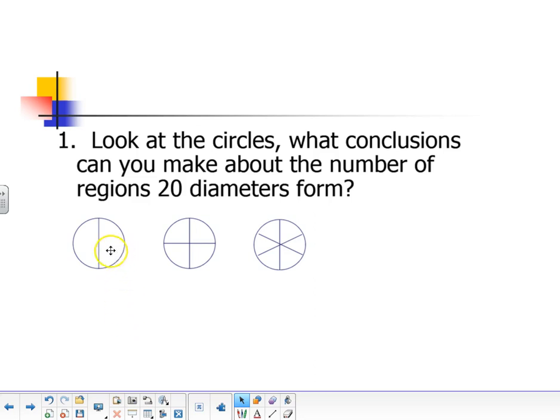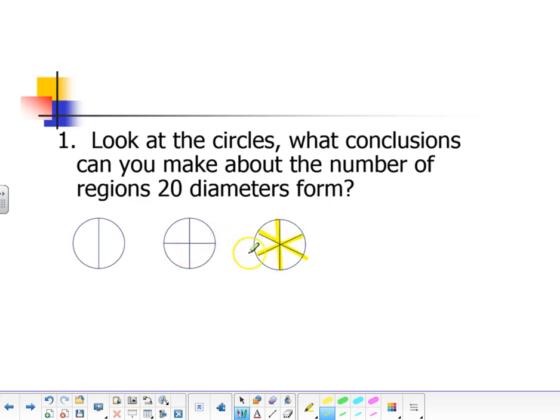So when you notice here, 1 diameter forms 2, 2 diameters form 4, 3 diameters, and when we say a diameter, we're referring to these lines that come across here. So you see like that's a diameter. That's a diameter. That's a diameter.